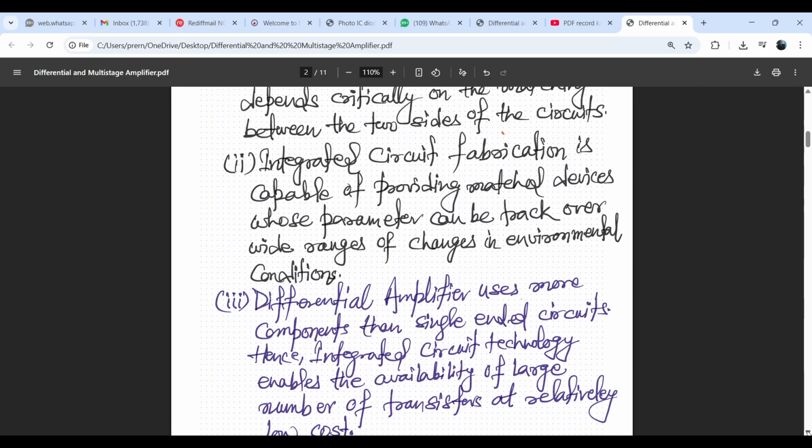So we have to go for the IC design technology, which enables the availability of a large number of transistors at relatively low cost. I will try to share these PDF notes in our link also.